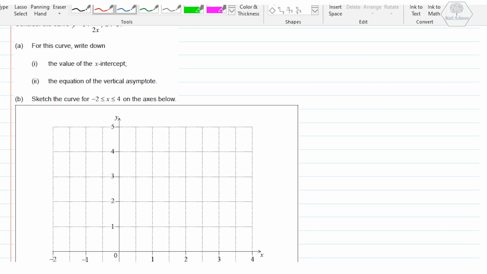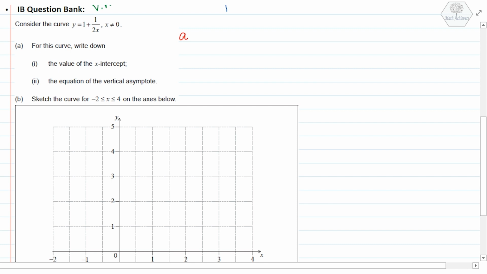For part A I, the x-intercept is when y is equal to 0, so I substitute 0 equals 1 plus 1 over 2x, and I can use the solver to solve my equation.